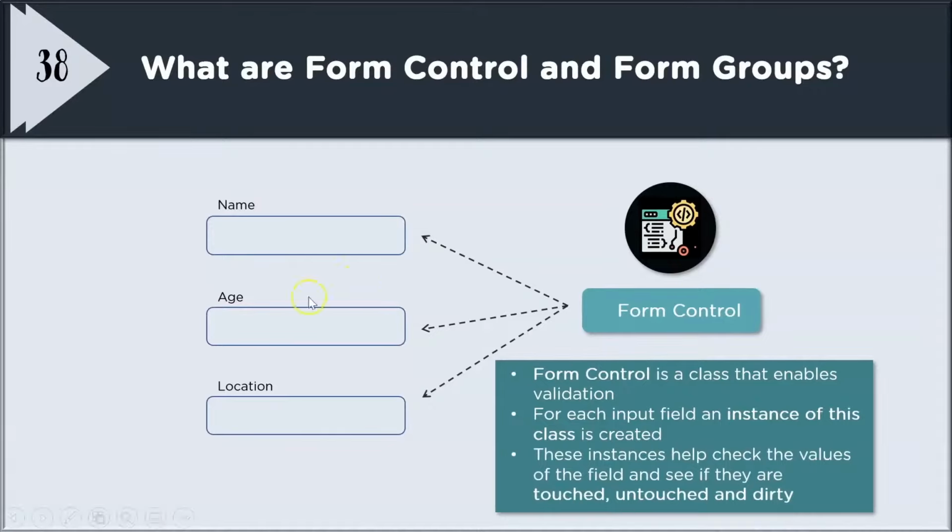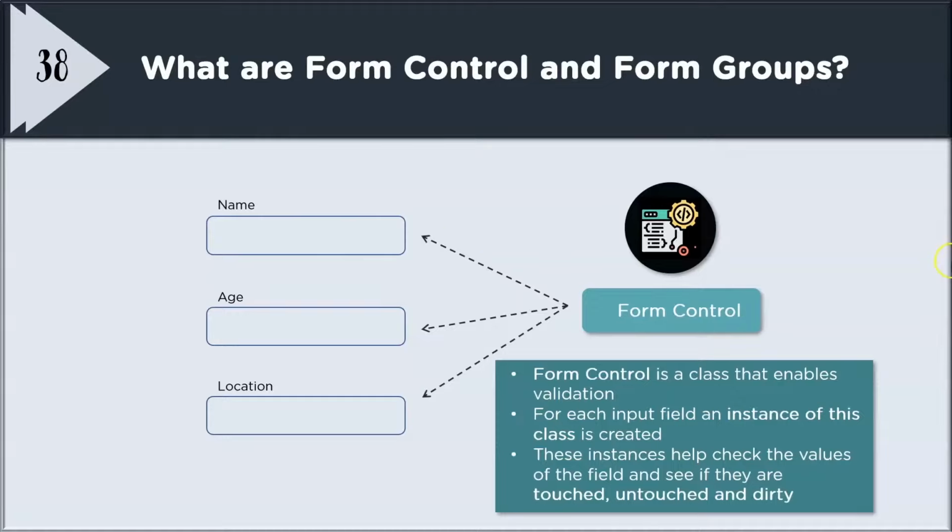So for every field in the form, the data that is being provided is validated with the help of these controls. If it is dirty, it means that the value has been changed. If the data provided holds good for a particular condition, then the control is said to be valid, and so on. With the help of these controls, you can determine if the value provided is legitimate or not. This can be achieved with the help of form control.